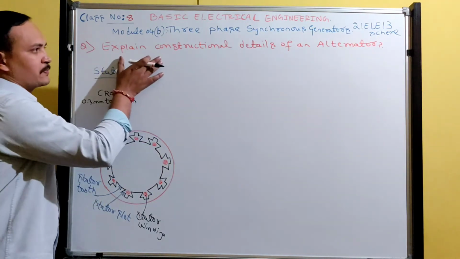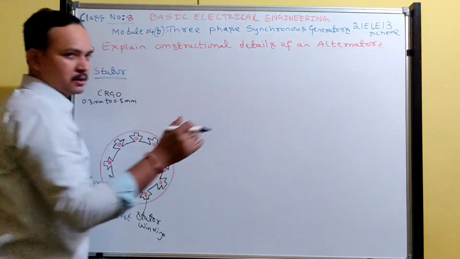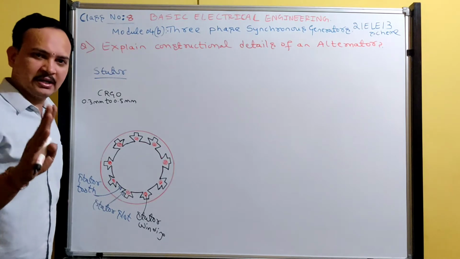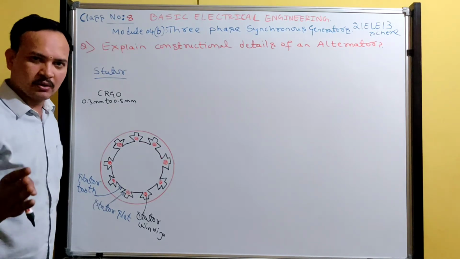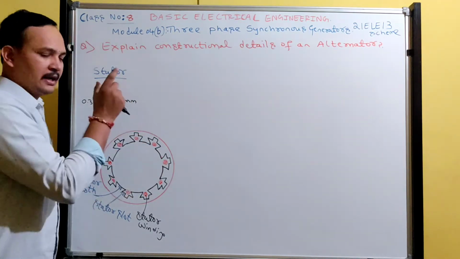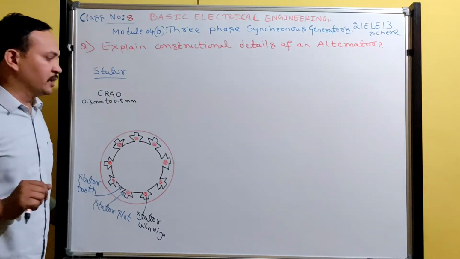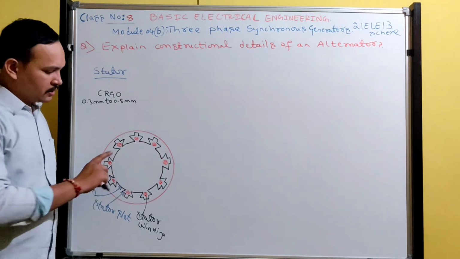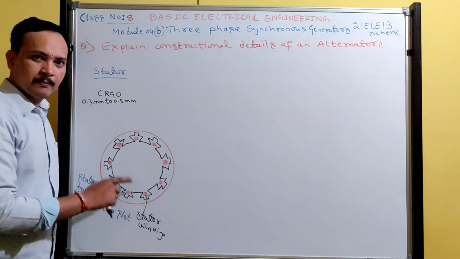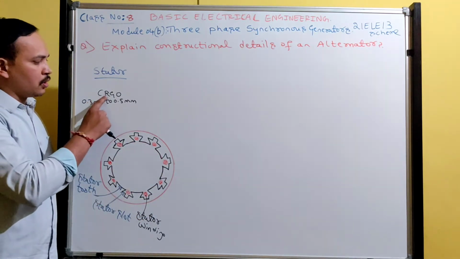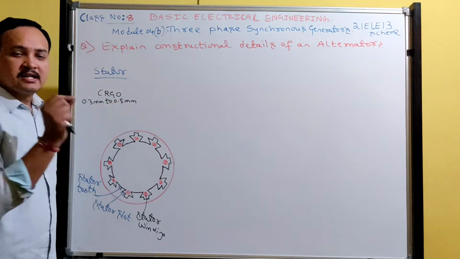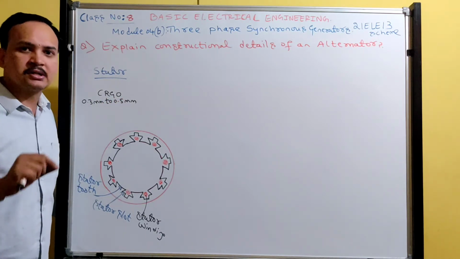If asked to explain the construction details of an alternator, the construction is divided into two parts: one is the stator and the other is the rotor. Rotor we can discuss later. Write the heading Stator and draw this diagram. Then write that the stator core is made up of cold rolled grain oriented sheet steel or silicon steel.